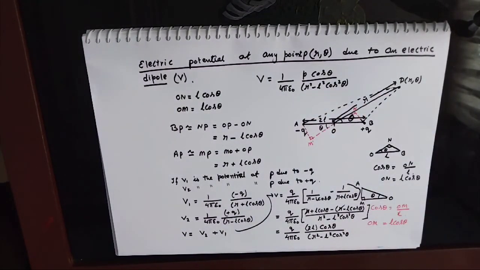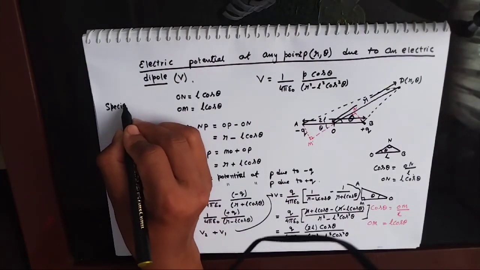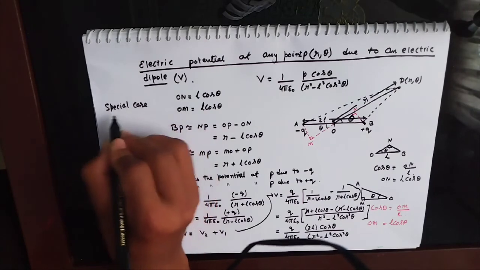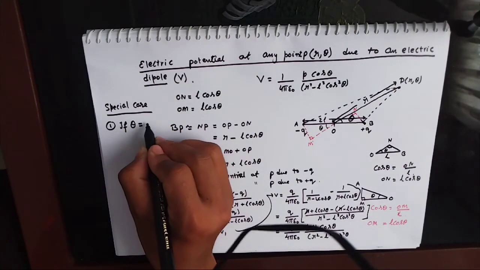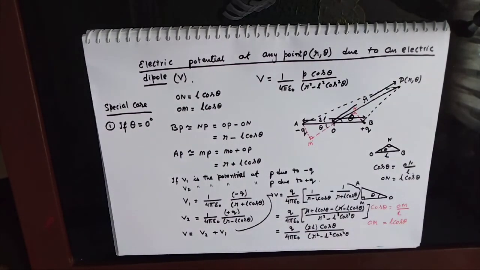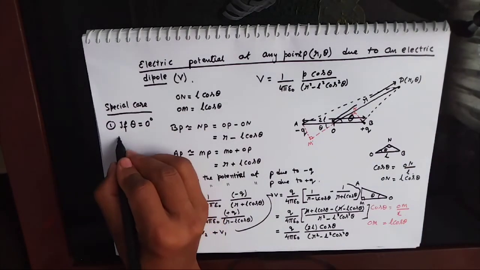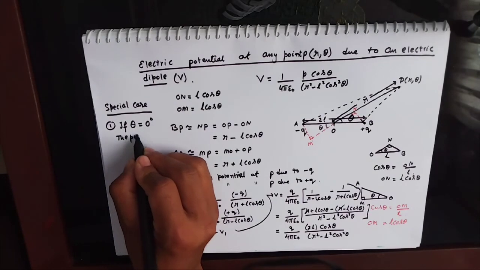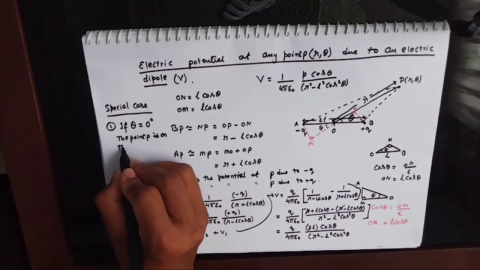Next, special case number 1. If theta is equal to 0 degree, what does it mean? This means that the point P is on the axial line.